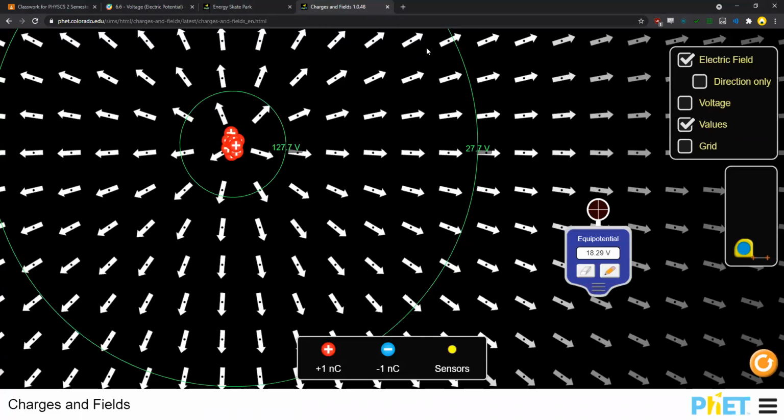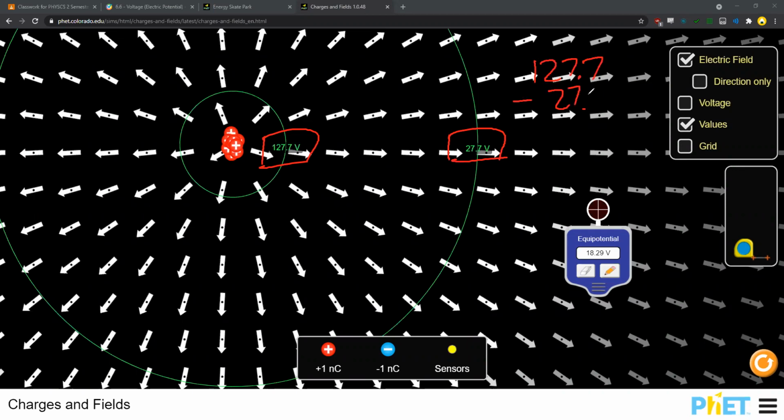You don't know what exactly the electric potentials are, but you know what the difference is. The difference between these 2 points is 100, right? Because you know that 127 minus 27 is 100. So what is the work that is required to move this proton all the way over here? That's what the question is saying.